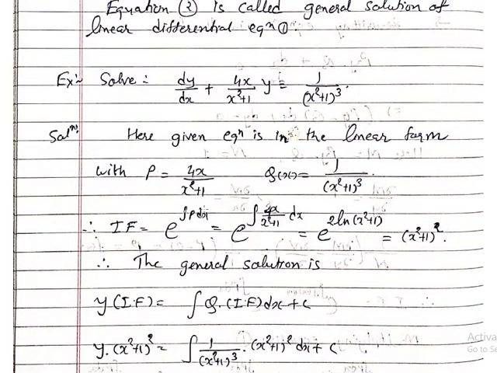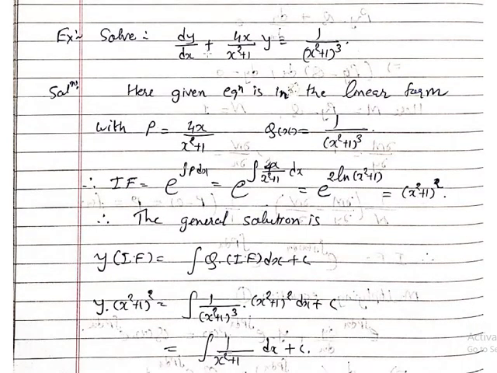Now suppose you are given the equation, solve dy/dx + 4x/(x² + 1) y = 1/(x² + 1)³. So here P is 4x/(x² + 1), Q is 1/(x² + 1) the whole cube. So IF is equal to e raised to integral P dx, which is e raised to integral 4x/(x² + 1) dx, and that will be e raised to 2 log of (x² + 1).